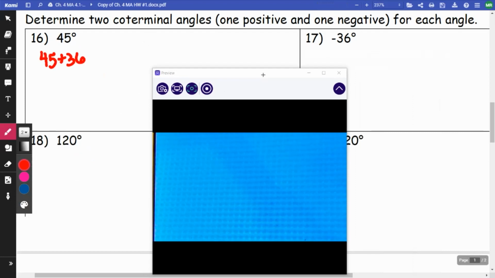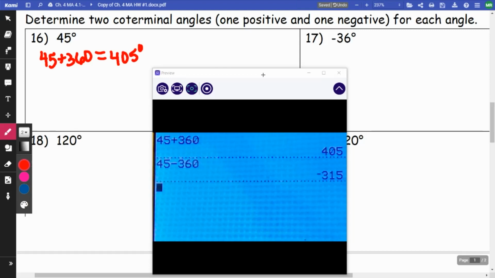Let's say I add 360. So I take 45 plus 360 and I get 405 degrees. And let's say I take 45 minus 360. Okay, so I did 45 minus 360, and I ended up with a negative 315 degrees.